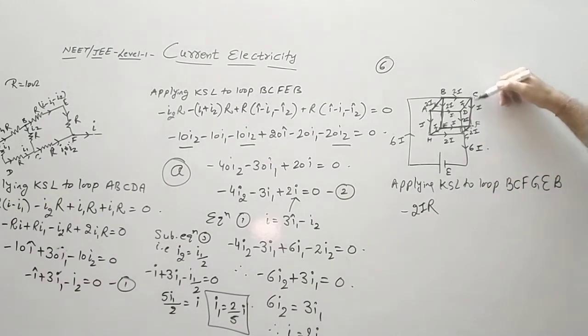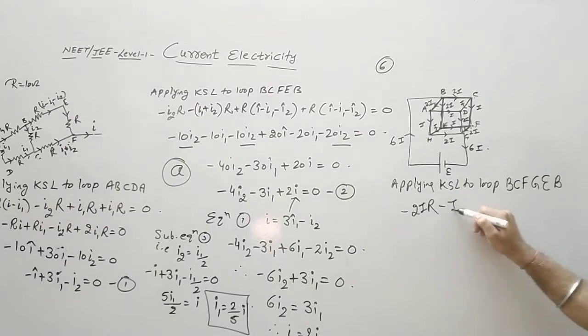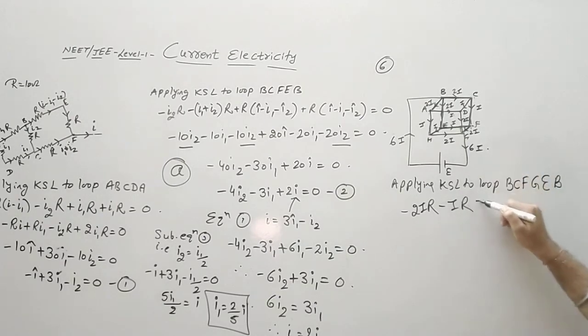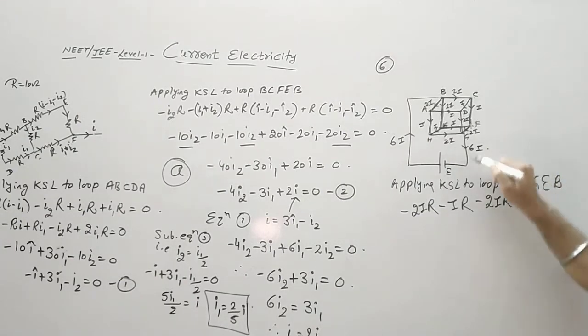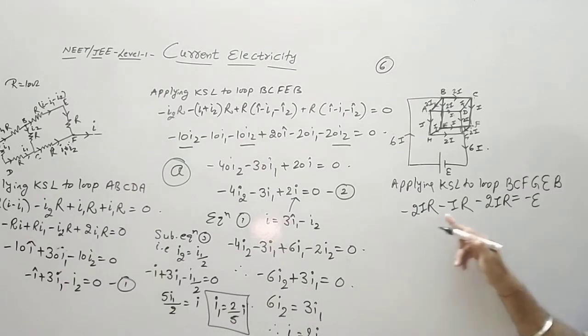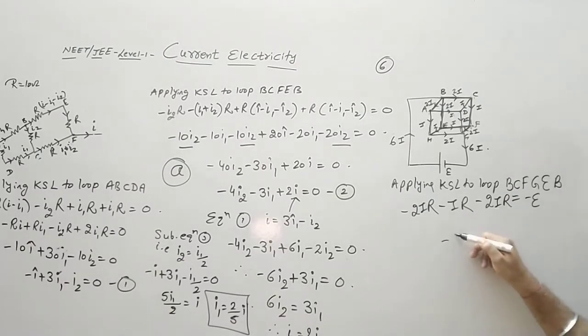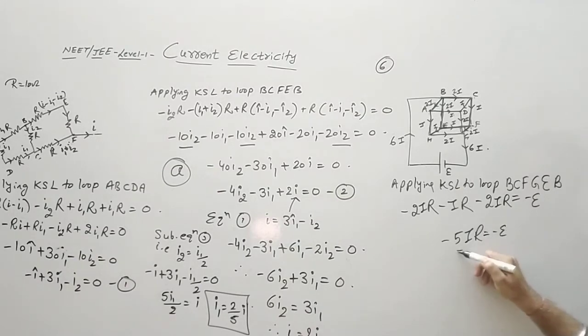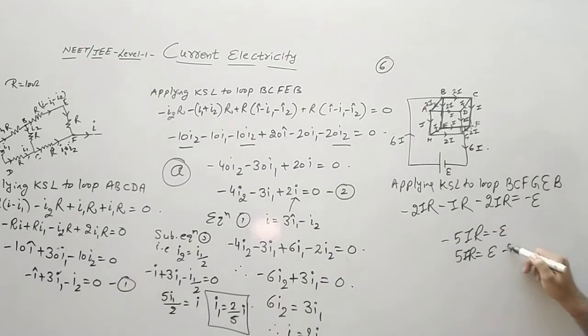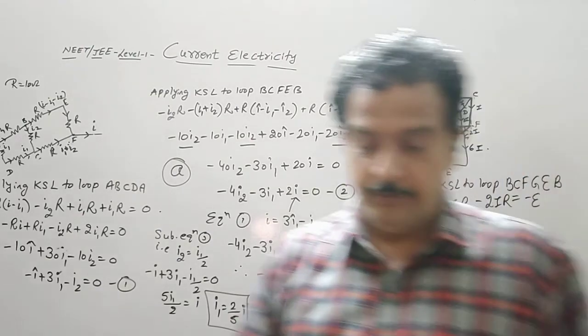Then C to F in the direction of current, minus IR. Then F to G, minus 2IR. Then we come across a negative terminal, so minus E. So minus 2, minus 1, minus 2, that is minus 5IR is equal to minus E. So 5IR is equal to E, that is equation 1.